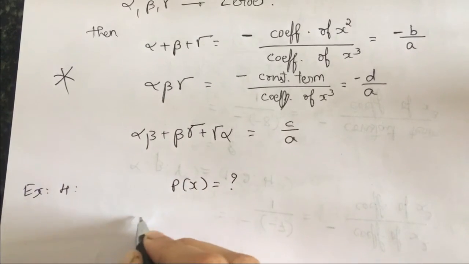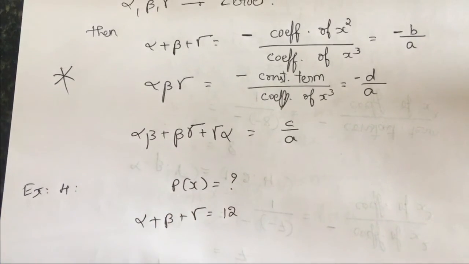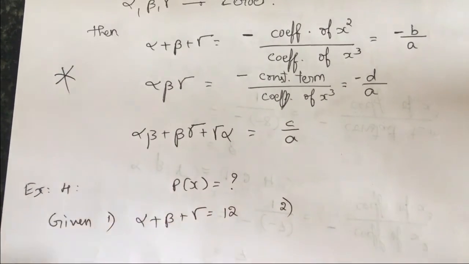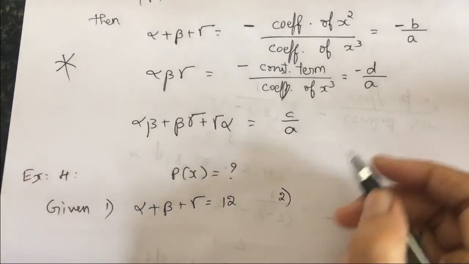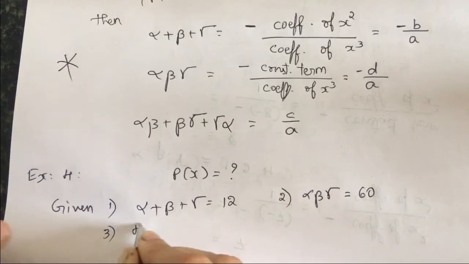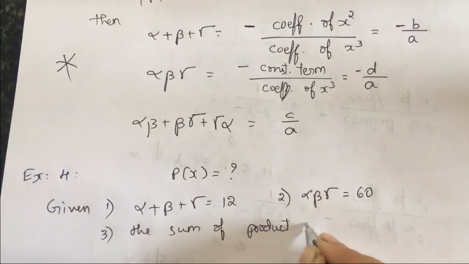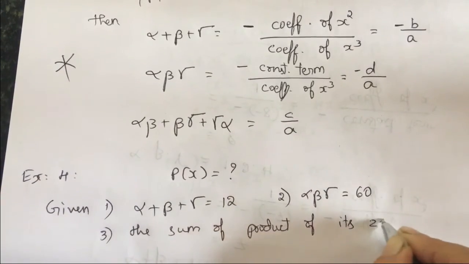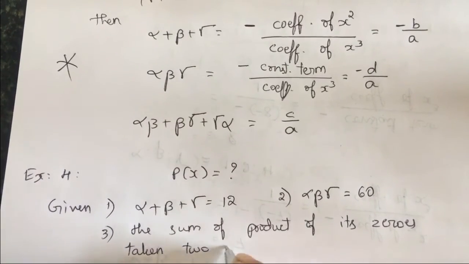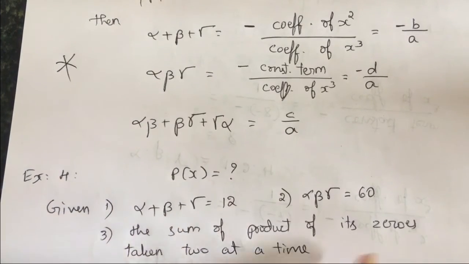They are giving you the sum of the zeros alpha plus beta plus gamma as 12, the product of zeros alpha into beta into gamma as 60, and the sum of products of its zeros taken two at a time, in the sense I am taking two zeros, multiplying and then adding.